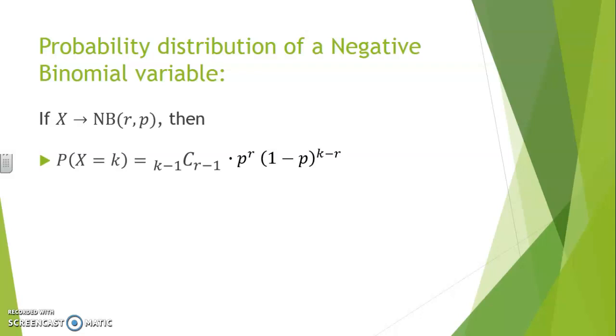That will also ensure that the rth success occurs on the kth trial specifically. p to the r is the probability of obtaining those r successes, and (1 minus p) to the power k minus r are the k minus r failures that must be observed along the way.